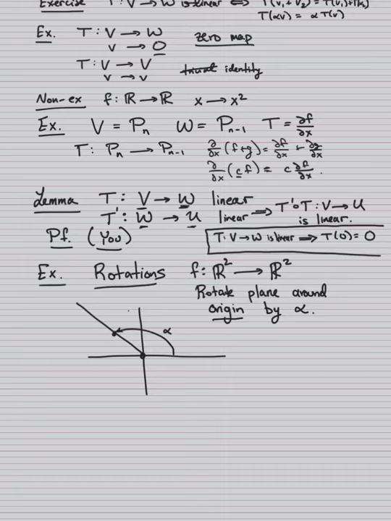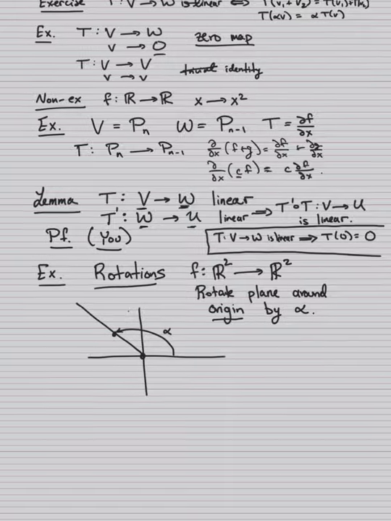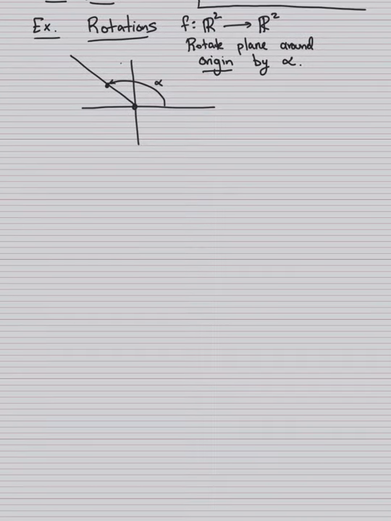So why is this linear? Sorry, let me put this up here. What you have to check is that if you take two vectors, V1 and V2, and take their sum, V1 plus V2, then you want to rotate.